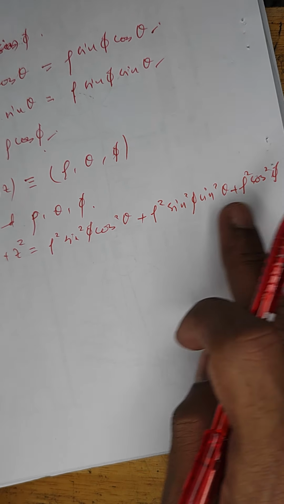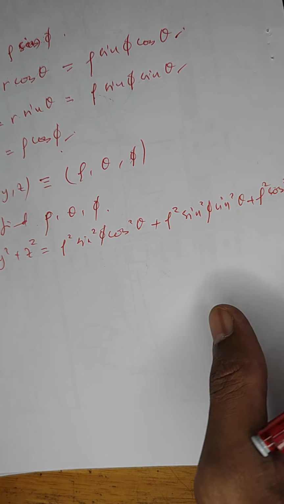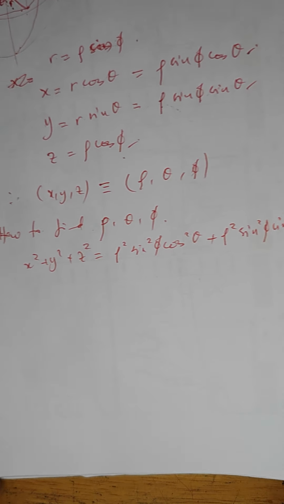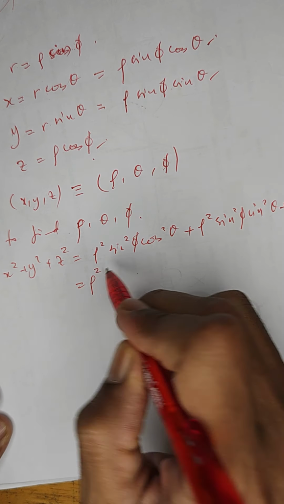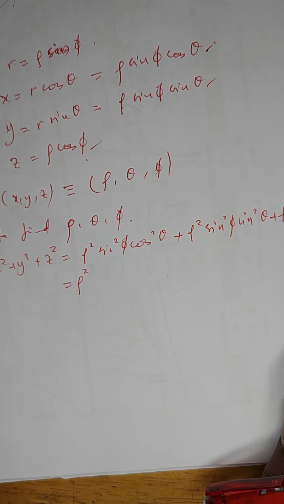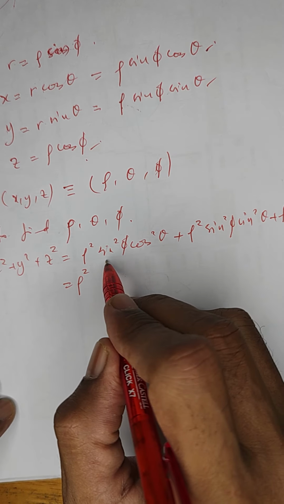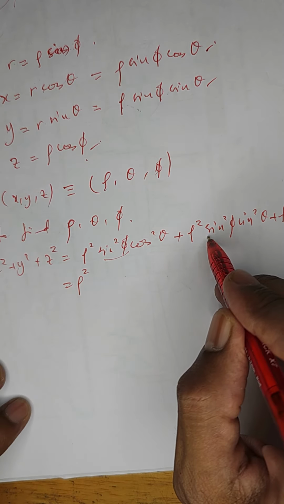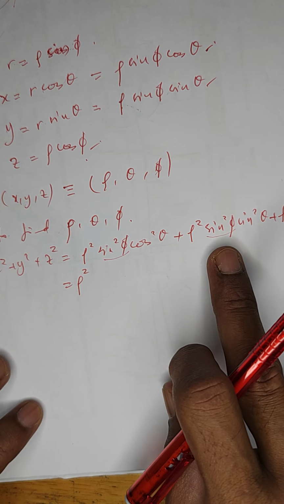Okay, then you can factor out all those rho, so you have rho squared. What else? You can factor out sine squared phi, because you have sine squared there.